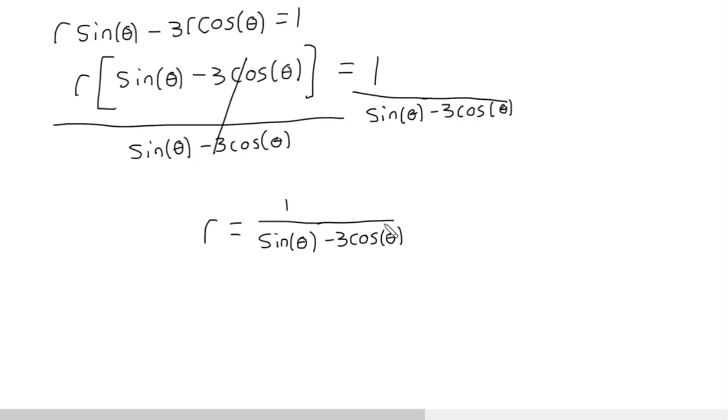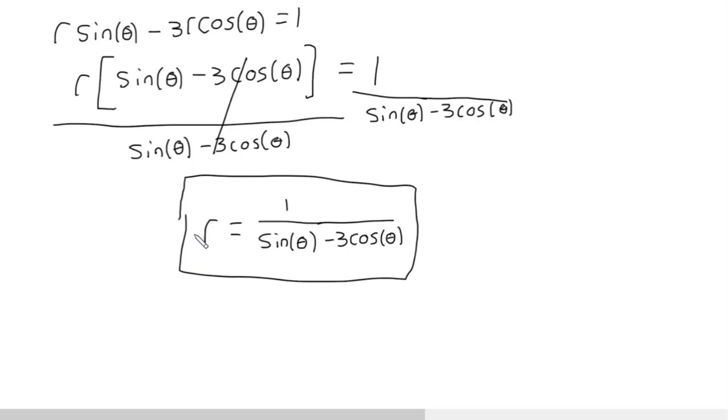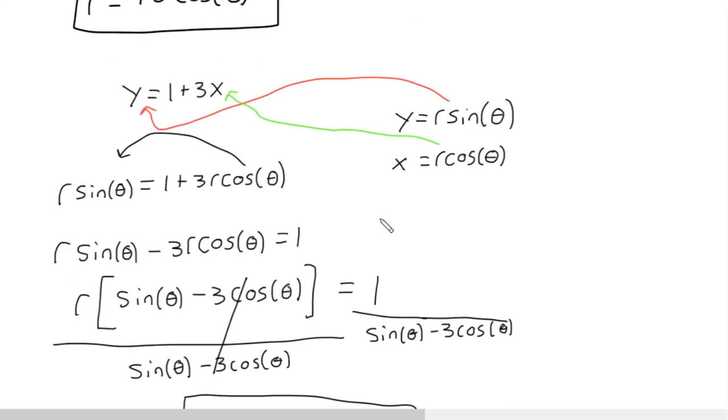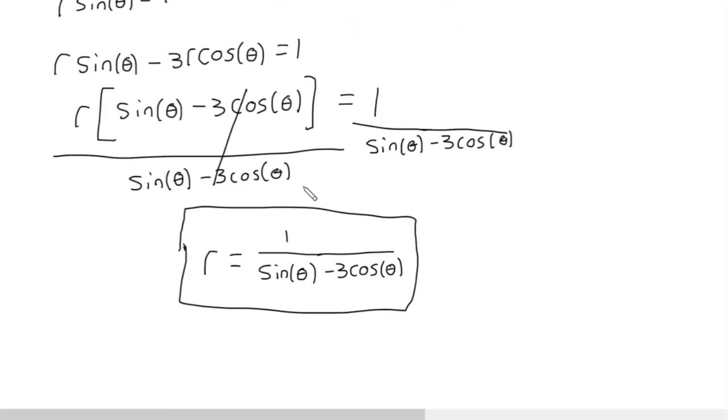And we're done. I have my r on one side and everything else on the other. So y equals 1 plus 3x is the same thing as r equals 1 over sine theta minus 3 cosine theta.